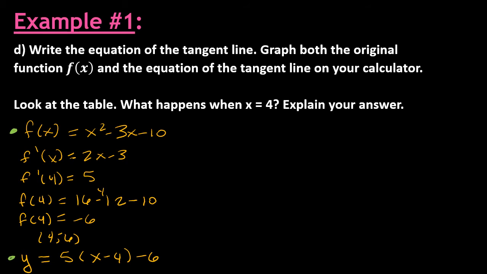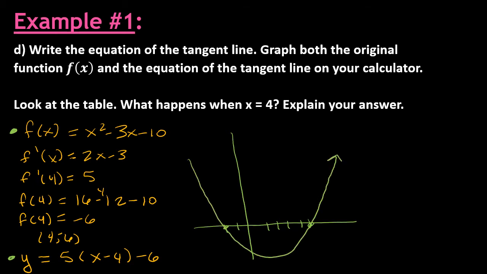All right, so if you put both of those into your graphing calculator, you get a graph. You have a parabola that actually intersects the x-axis at -2 and over here at 5. So you have a function that looks something like this. And if we look at the slope of the tangent line right here, if you graph the other line, it graphed right here.